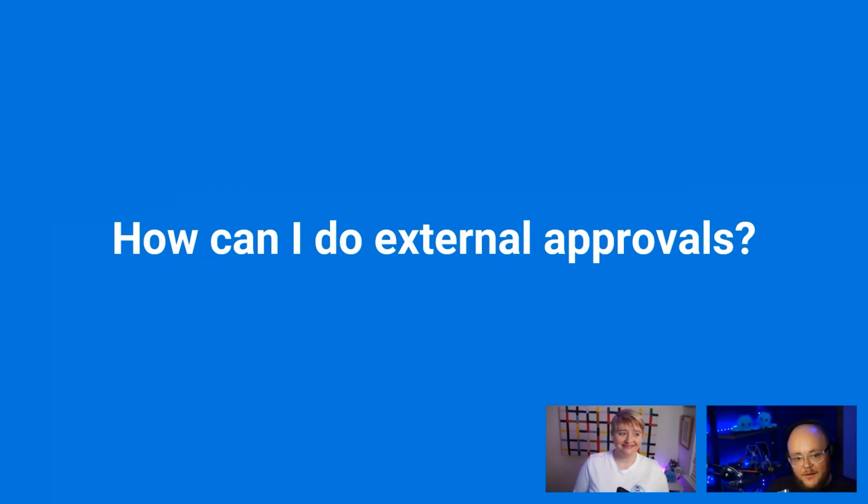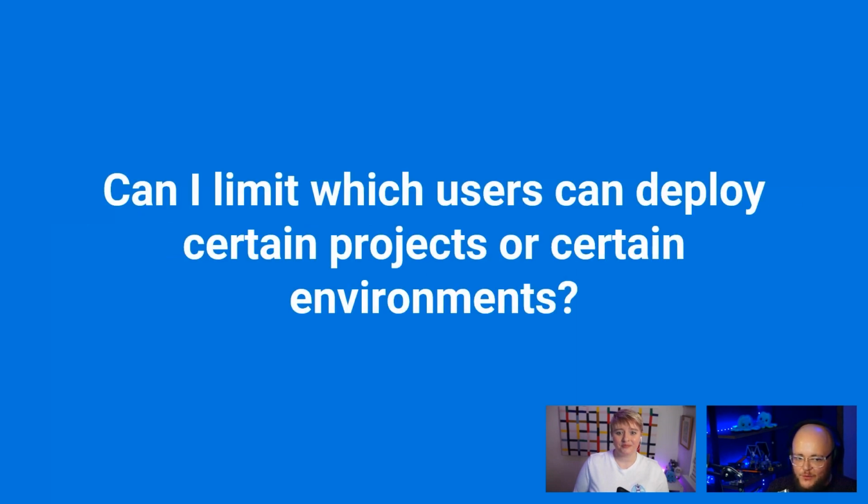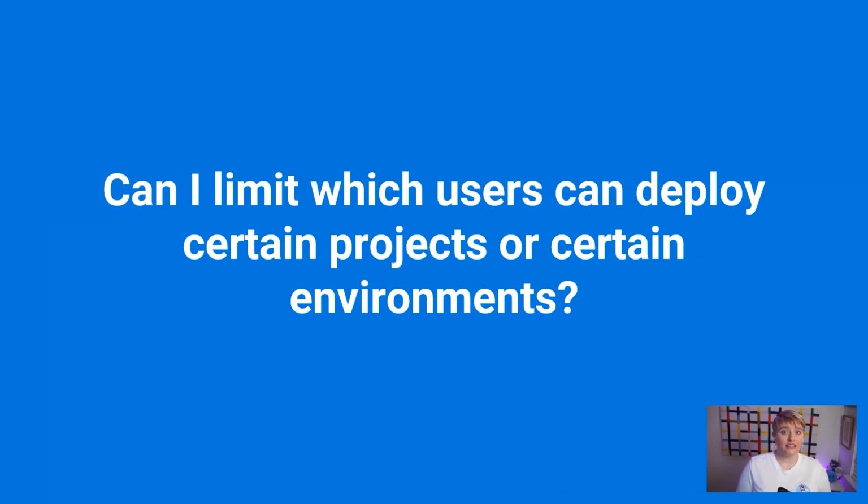Awesome. Thank you so much, Sarah. So next question, can I limit which users can deploy certain projects or certain environments? Yes, absolutely. And this is probably something that you do want to set up inside your real life environment. You want to be able to control who has access to different environments or what they can do depending on their job role. We can do our access based on RBAC, so that role-based access control model, and you can tie it down there.